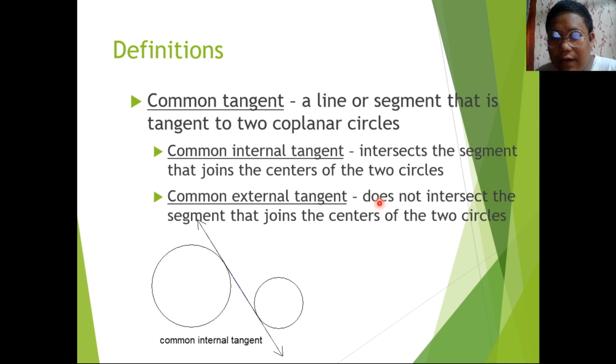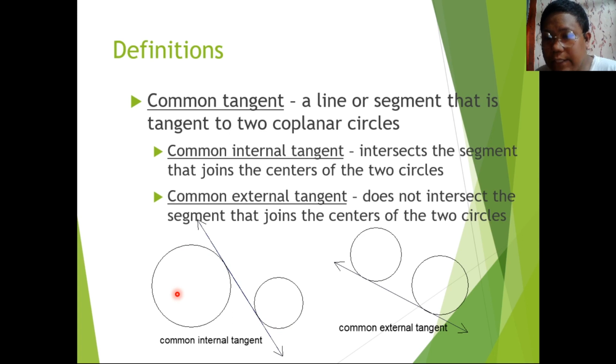So this is what we call the common internal tangent, which intersects the segment that joins the centers of the two circles. While the common external tangent does not intersect the segment that joins the centers of the two circles.